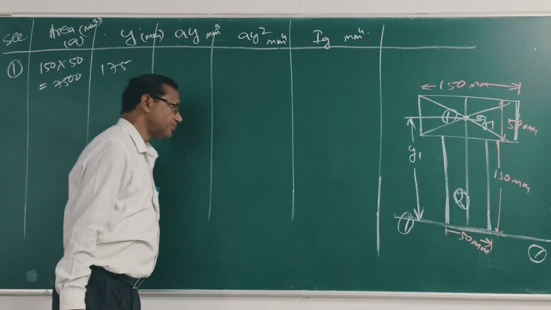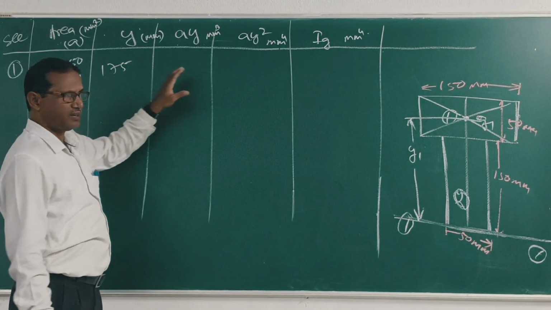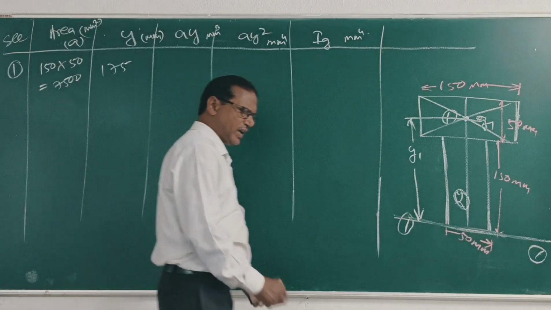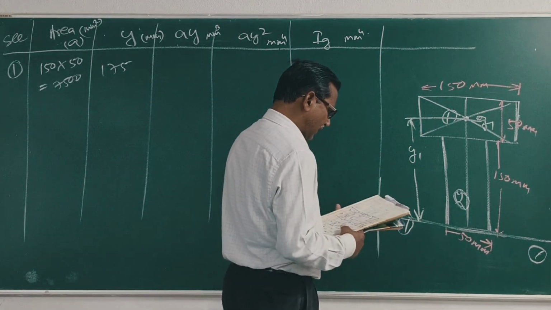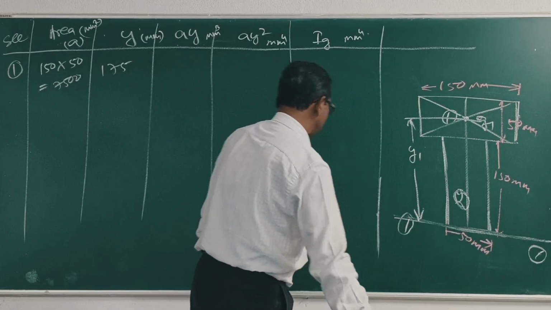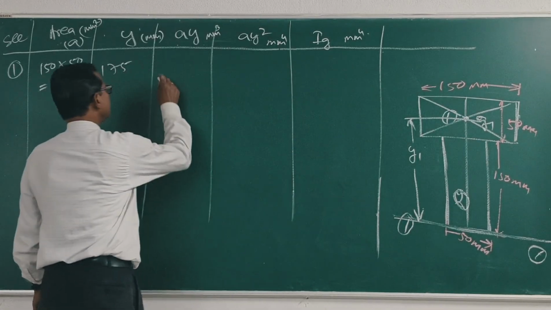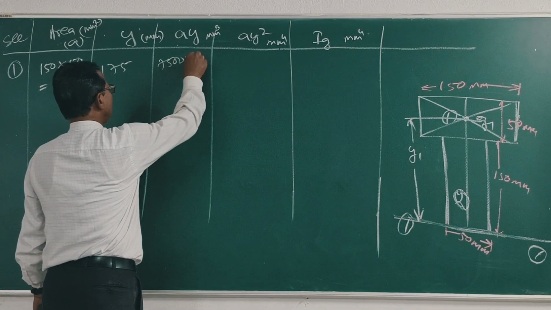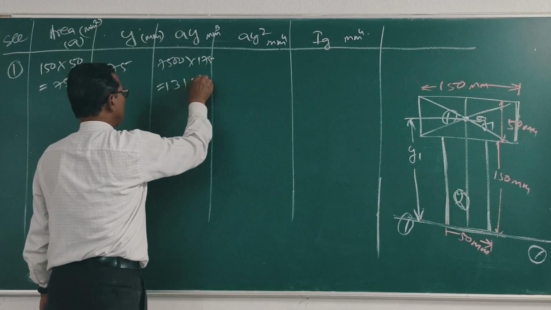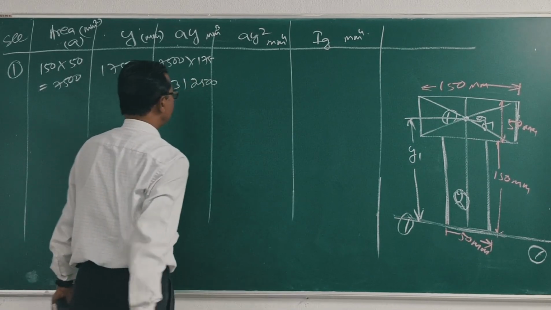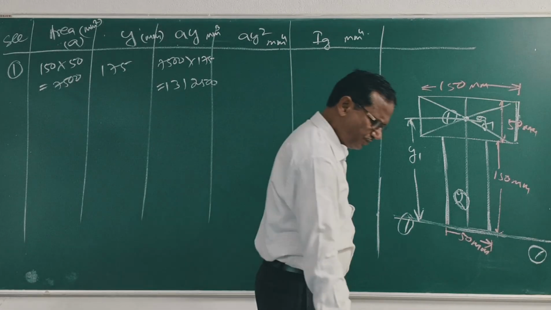Now, Ay. Ay is equal to 7500 into 175, which is 1312500. This is Ay.